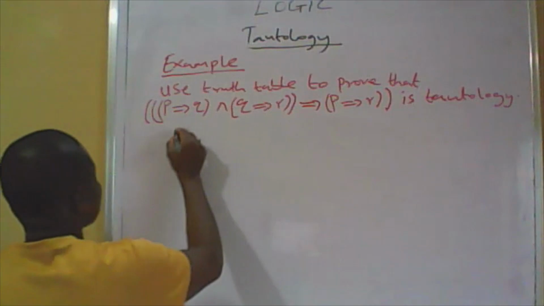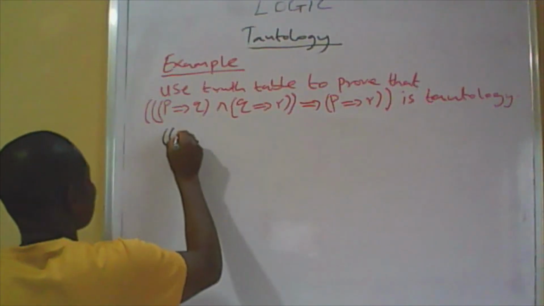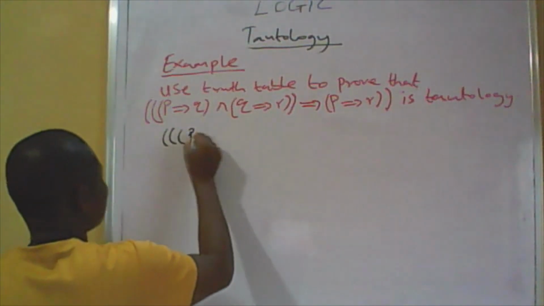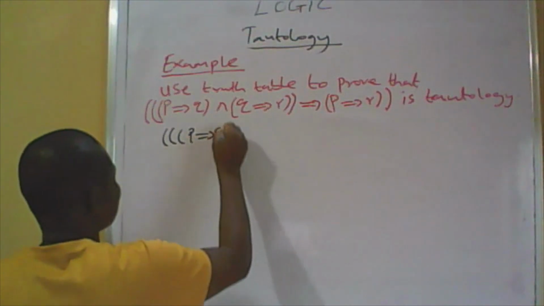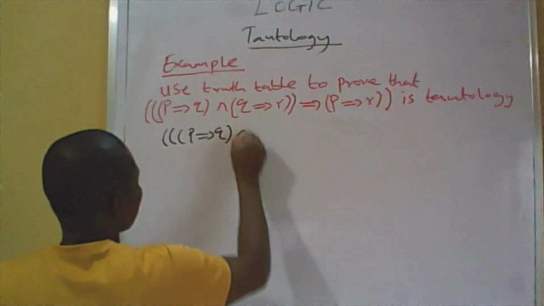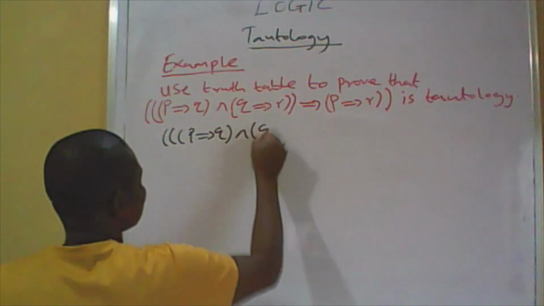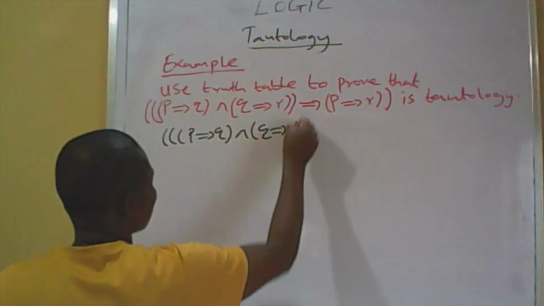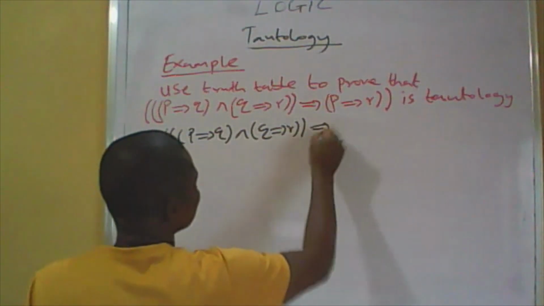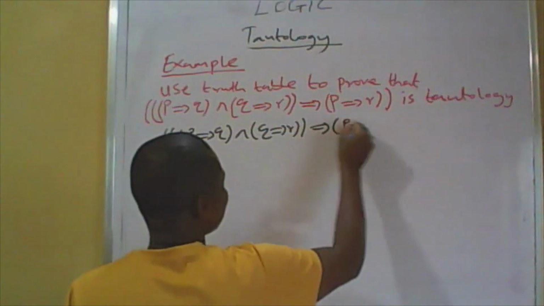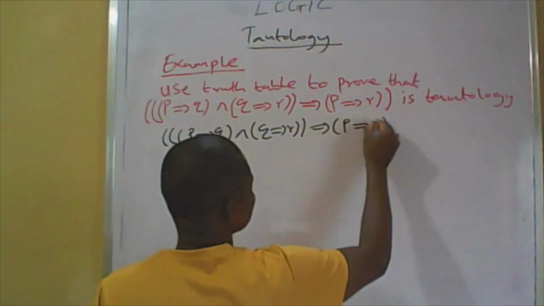Let's write it: P implies Q and Q implies R implies P implies R.